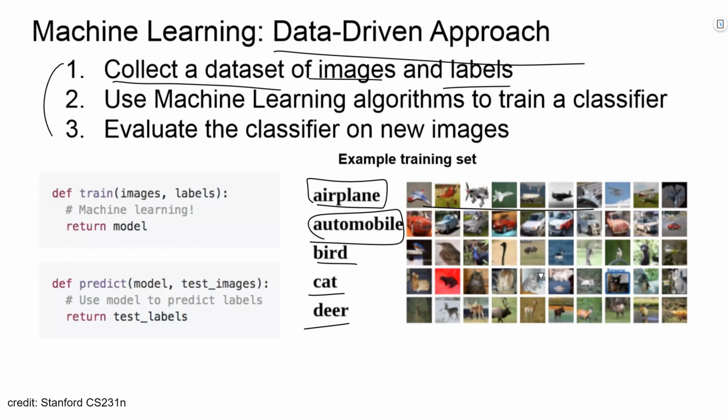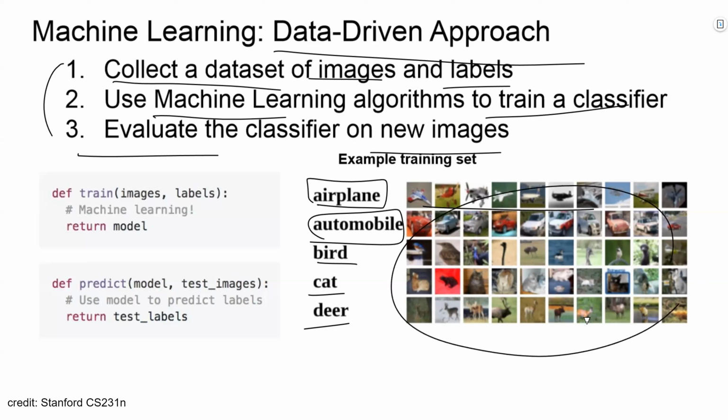We construct the data set. After that, we use machine learning algorithms to train a classifier, and then we evaluate the classifier on new images, because just memorizing the training images doesn't make sense. We want to make general image classifiers that can handle images they have never seen.